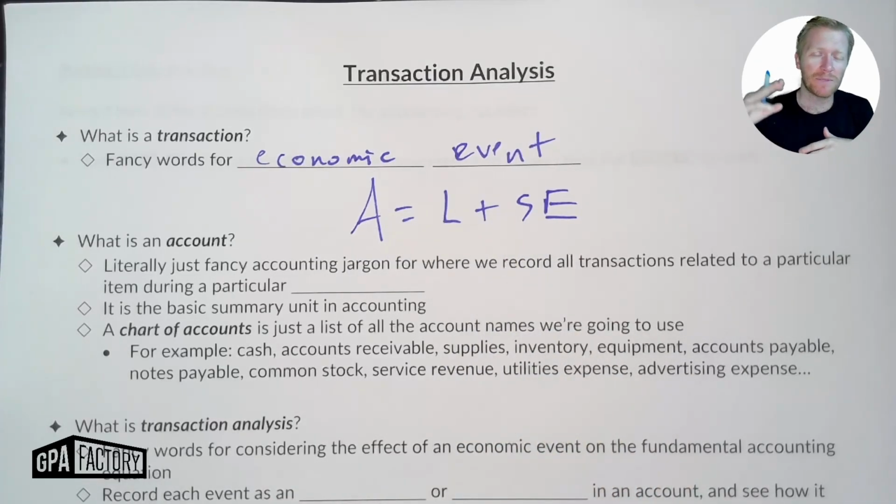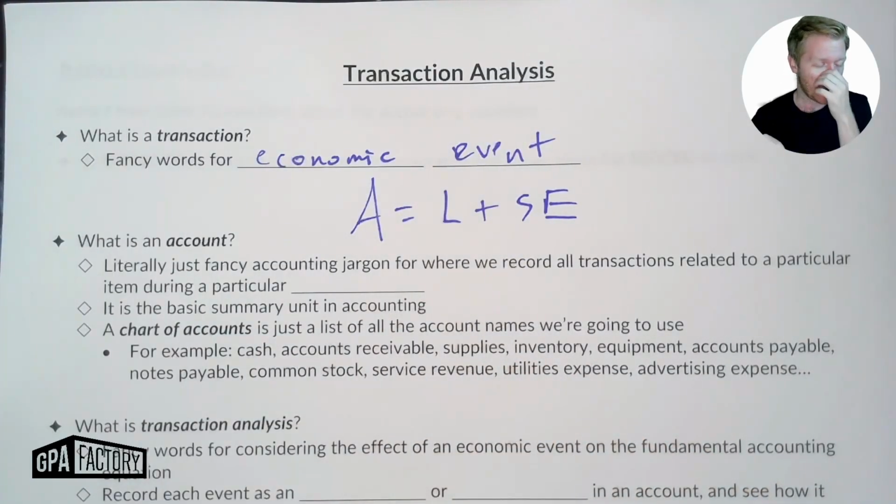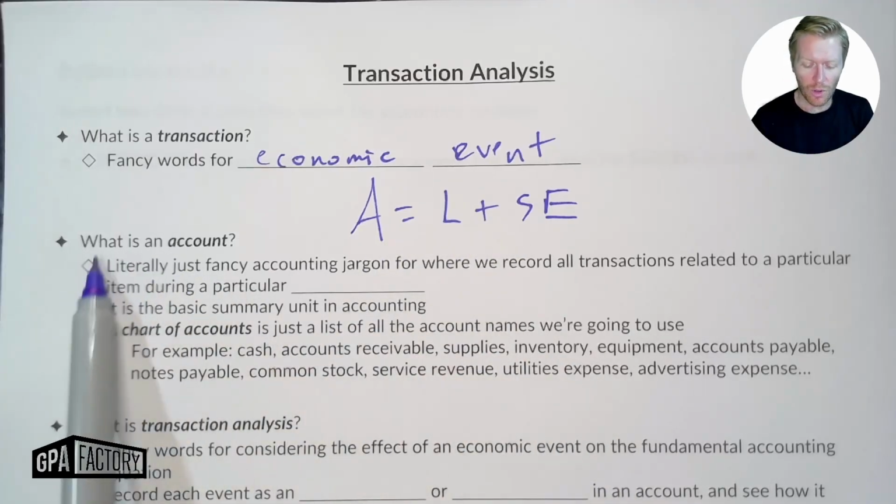We're going to do some arrows up, some arrows down to see what is increasing and what is decreasing as part of this particular transaction. So again, a transaction is just an economic event, and we are analyzing it. We're just looking at it, and we are trying to consider what happened to our fundamental accounting equation from that event.